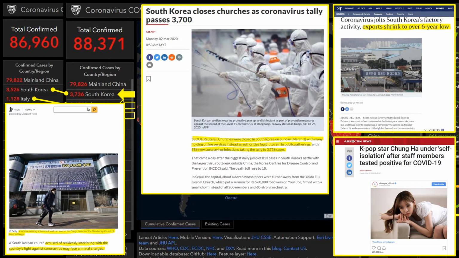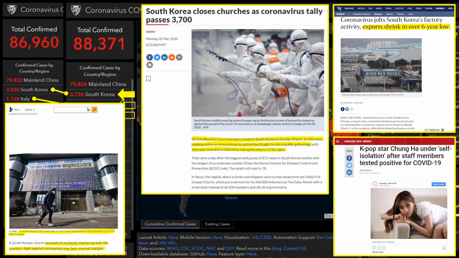Then I always take a look at the stories here for South Korea first, out of these three hotspots. So there's not much new news coming out of South Korea as far as where these cases are coming from, because everybody knows that these cases are coming from that crazy church that has 1,000 different locations in South Korea and 450,000 members in South Korea.